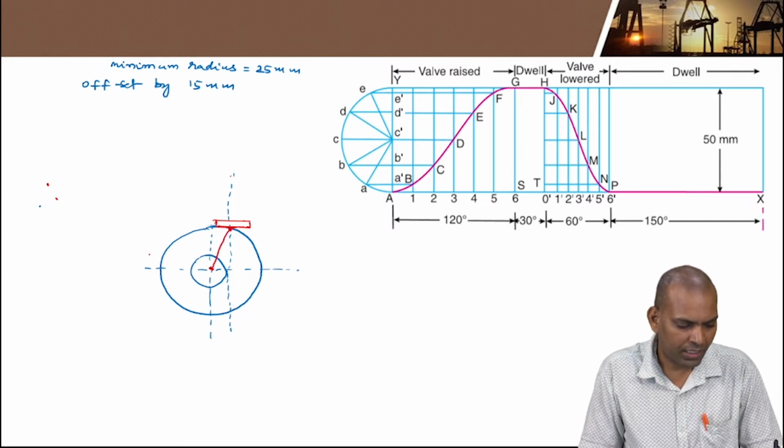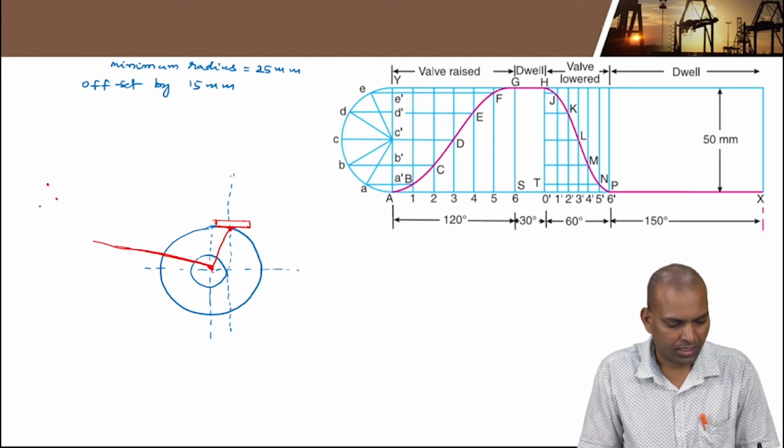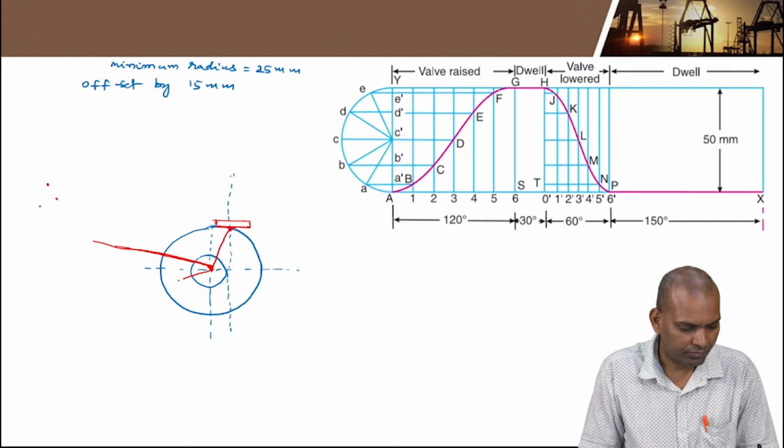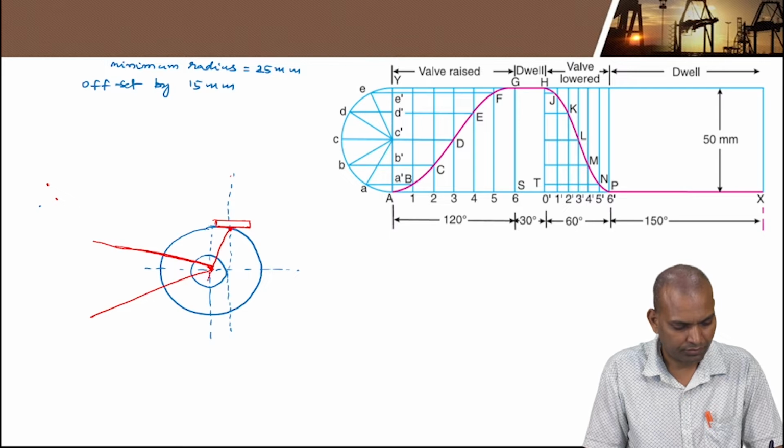I am drawing approximately here: this is 120 degrees. Next again 30 degrees, again 60 degrees, and the remaining angle is 150 degrees.